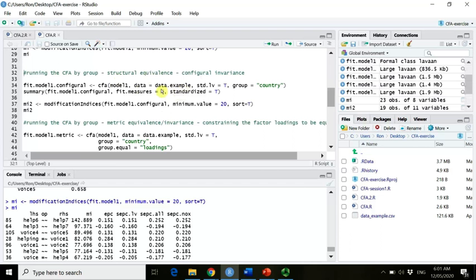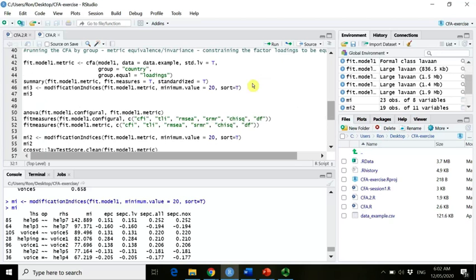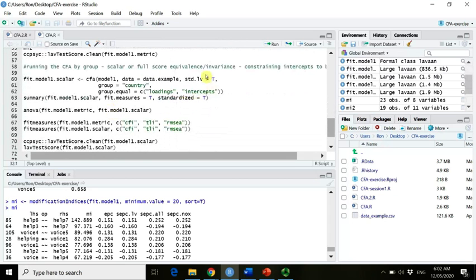For example, the structure equivalence, we specify first the group, then we go for the metric model where we specify that we want to constrain the loadings to be equal, and then we go for the full scalar invariance model where we constrain both the loadings and the intercepts to be equal.